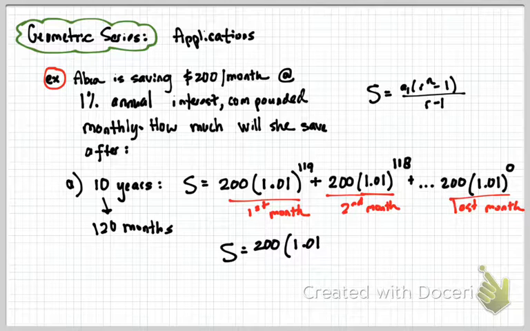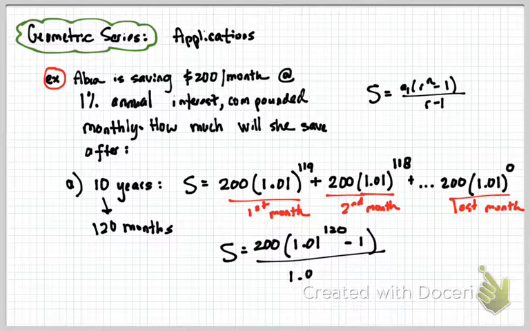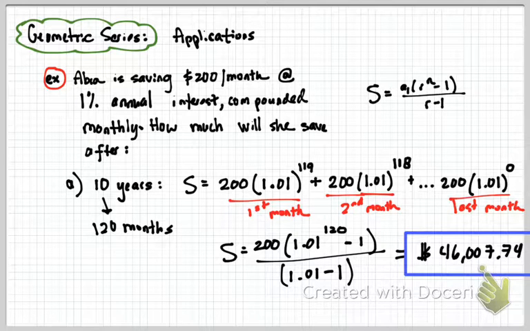How many terms do I have, or how many months is it in there for? 120 minus 1, right? Over 1.01 minus 1. All right, go ahead and figure this guy out. Make sure you're using parentheses.